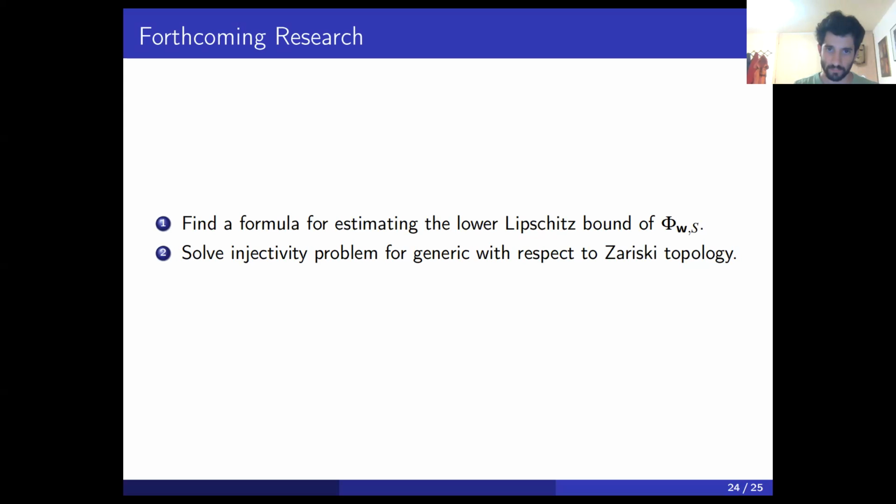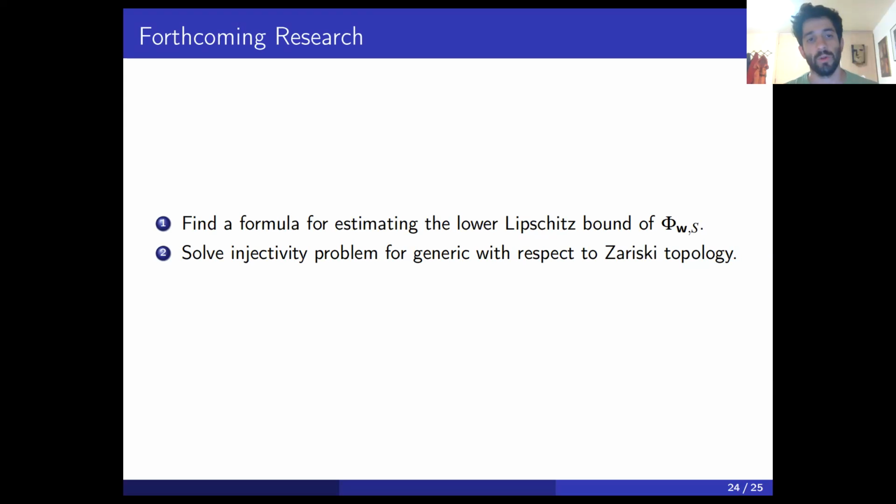There are some results by Dustin Nixon that I know about a formula for the lower Lipschitz bound, but I think they require more windows. They don't require just injectivity. They require a specific number of windows.